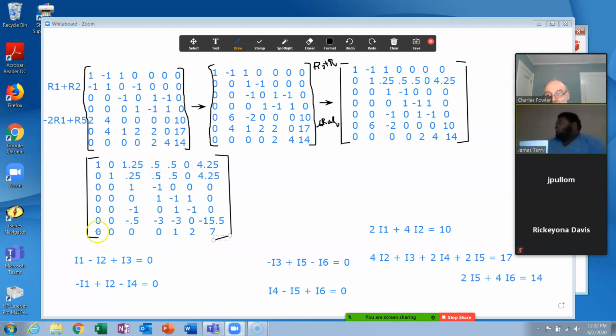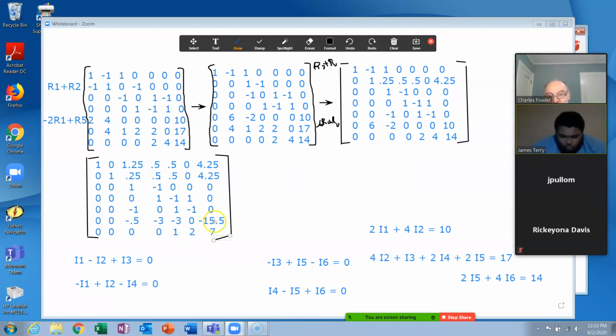Because what did this represent? All these would be zeros, and zeros equal to 3. That can't happen. If you ever get that in a reduced row echelon form like this, you can't have 0 equaling 3. Okay? But I guarantee you this would have all been zeros.